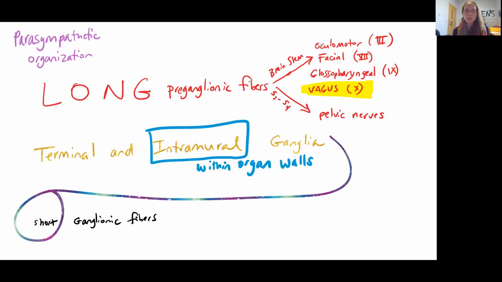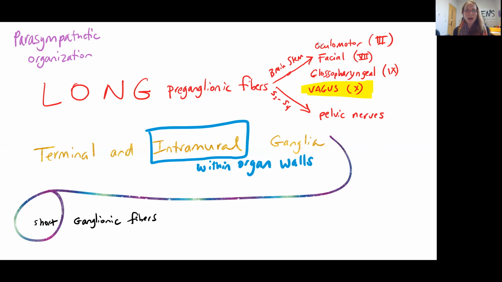Now, when we look at the preganglionic fibers that are coming off of the brain stem, we see that they are going to be making up 4 of our cranial nerves that we studied last semester. So we will see the oculomotor nerve 3, facial nerve 7, glossopharyngeal nerve 9, and vagus nerve 10 are all going to be part of the parasympathetic division.